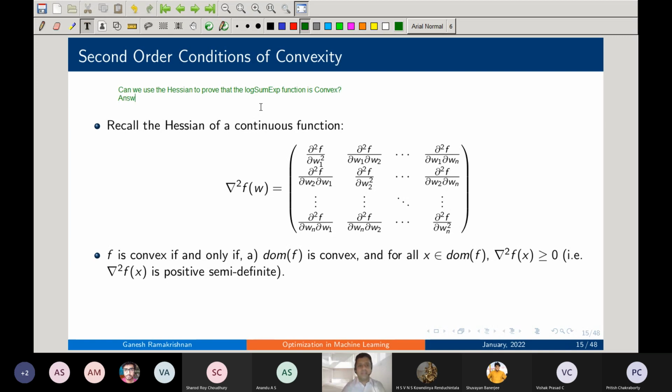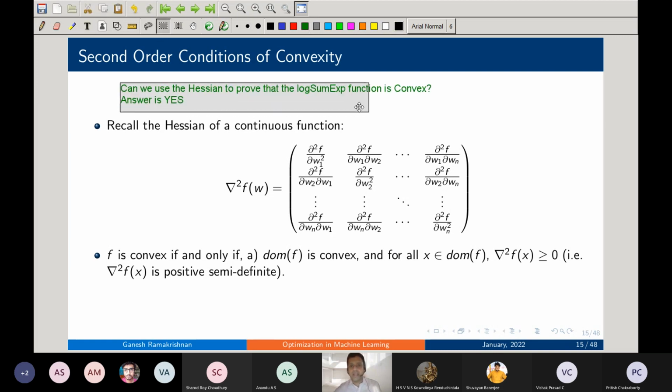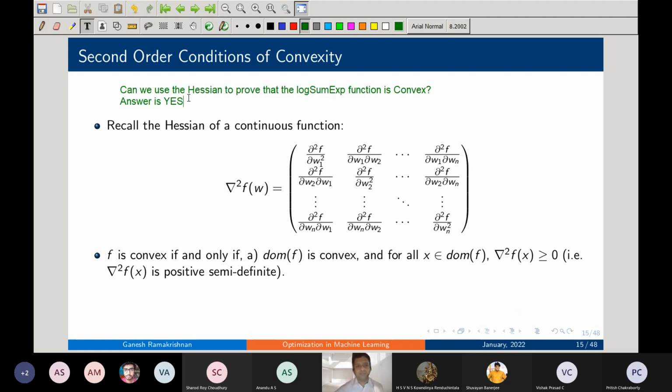And the answer is yes. It requires, of course, a little bit more work, and in fact, you'll find it in Boyd's convex optimization book.